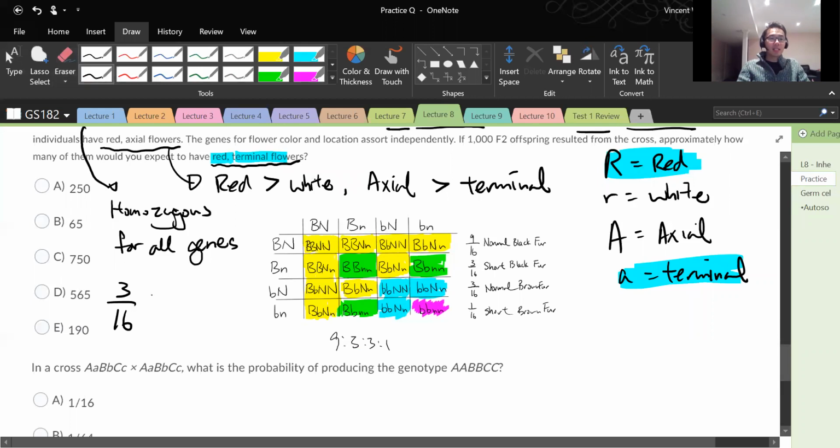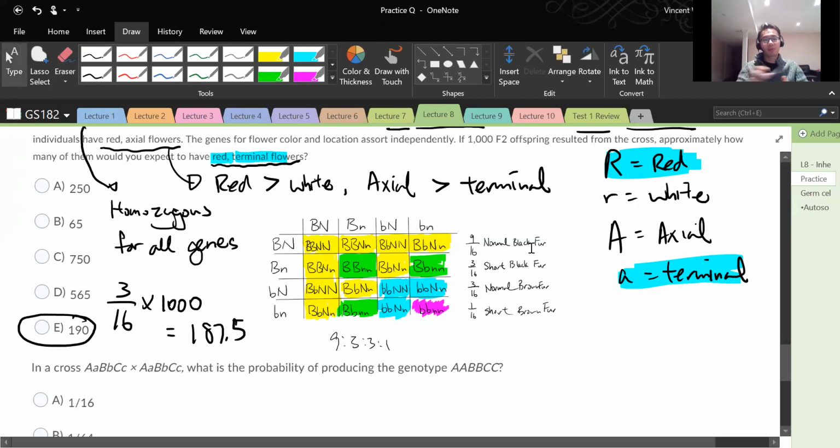So 3 out of 16 times 1,000 offspring. What is that? You're going to need your calculator for the test, okay? So 3,000 divided by 16, which is 187.5. It's not exactly 187.5, but it's the closest number. You might wonder, why is it not exactly 187.5? Well, remember, these are just probabilities.